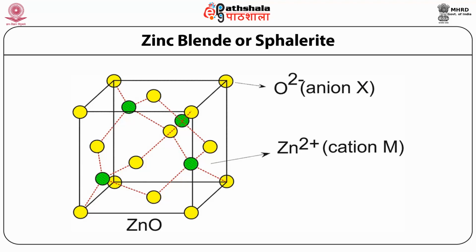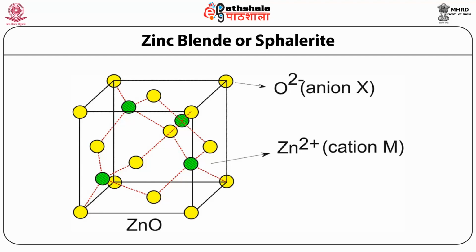The anions are represented by yellow color, whereas the cations are represented by green color and are represented by M. At the corners there are sulfur atoms, and at the tetrahedral sites there are zinc atoms. The coordination number for M is 4 and for X it is also 4.